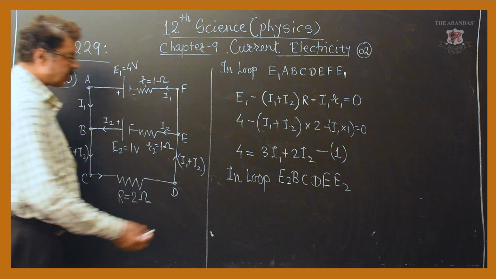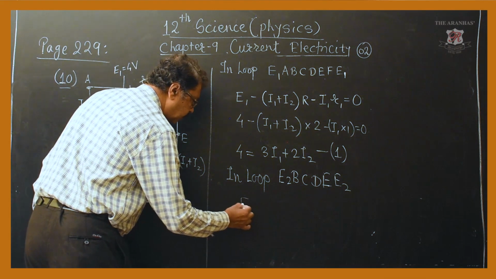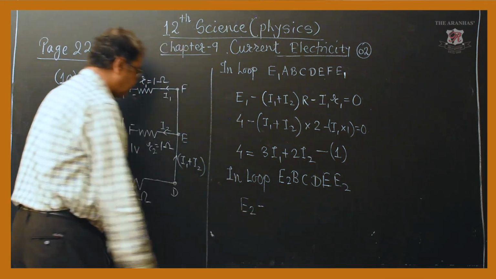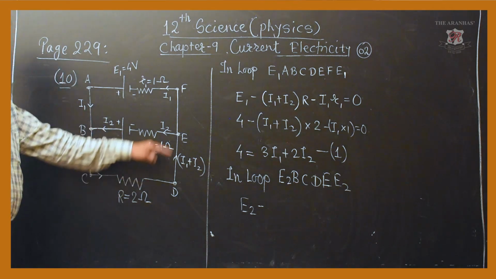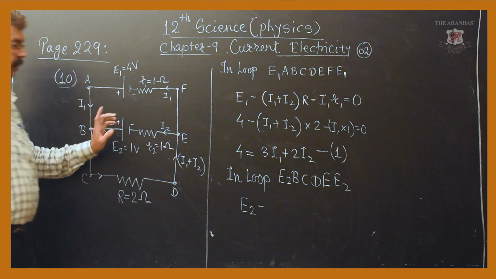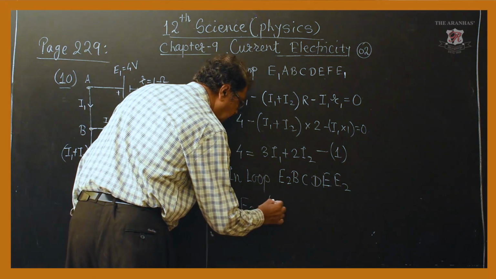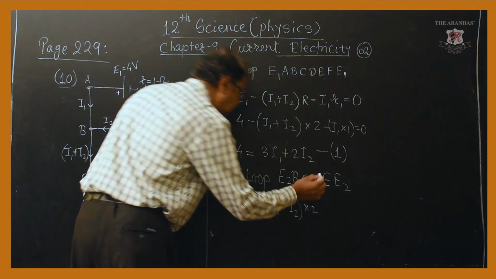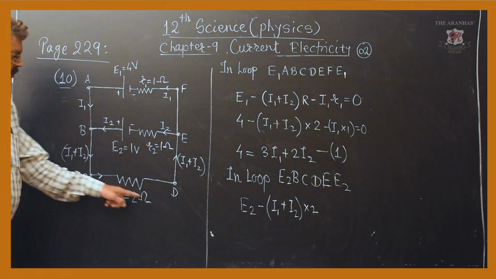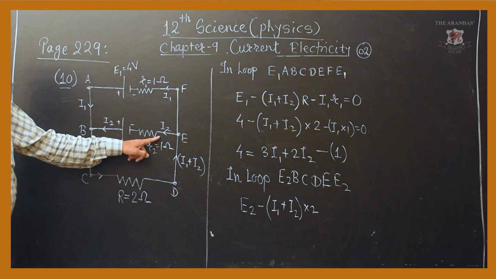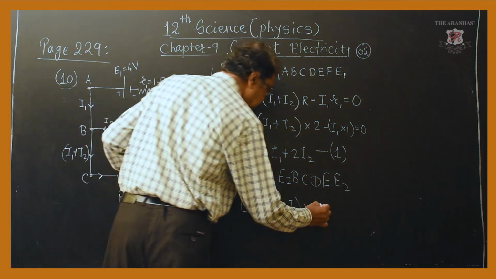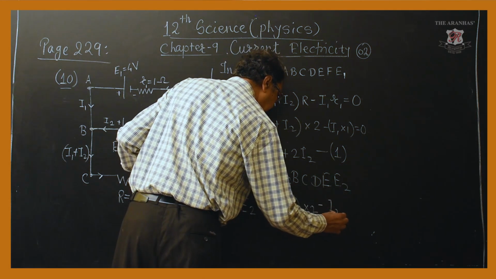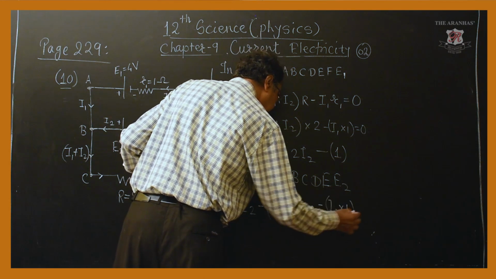Formulate a similar equation. E2 minus. Why minus? Direction of the current and direction of the loop are same. I1 plus I2 into 2. This current enters here, I2, again minus I2 into 1.